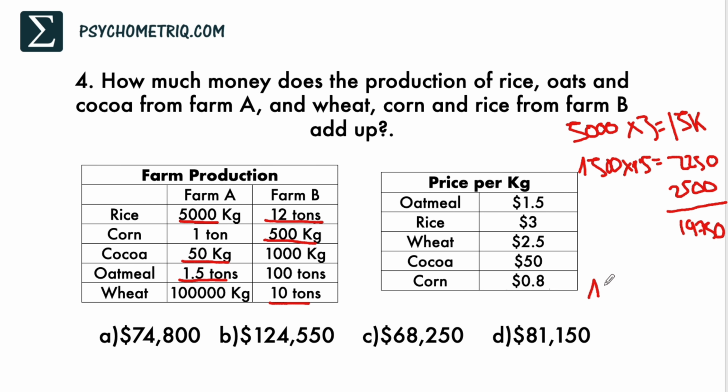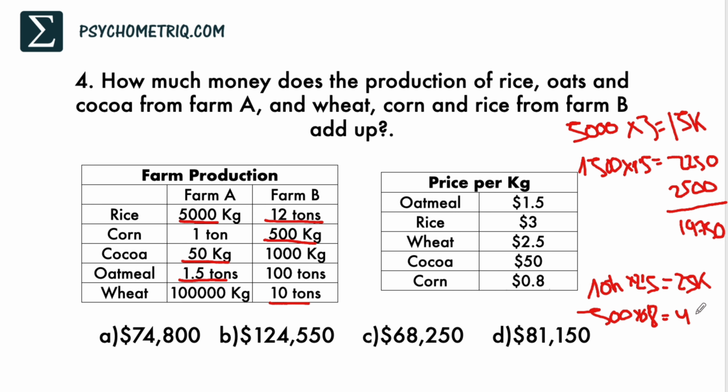Farm B would be 10 tons per 2.5, 10 tons of weight for 2.5 its value. That would end up amounting to 25,000. Since 10 tons is 10,000 kilograms, then it would be 500 kilograms of corn. 500 times 0.8.